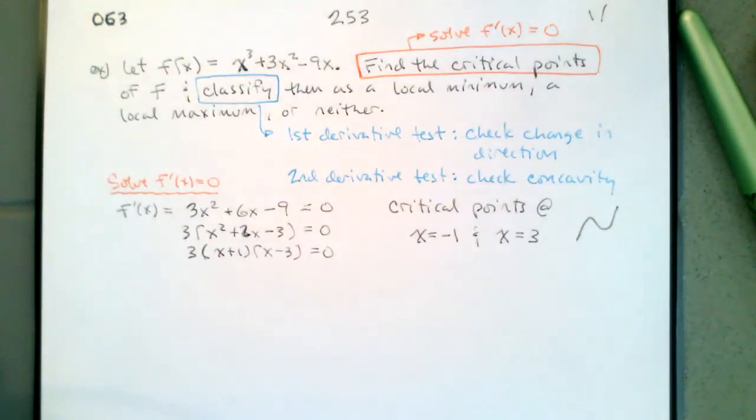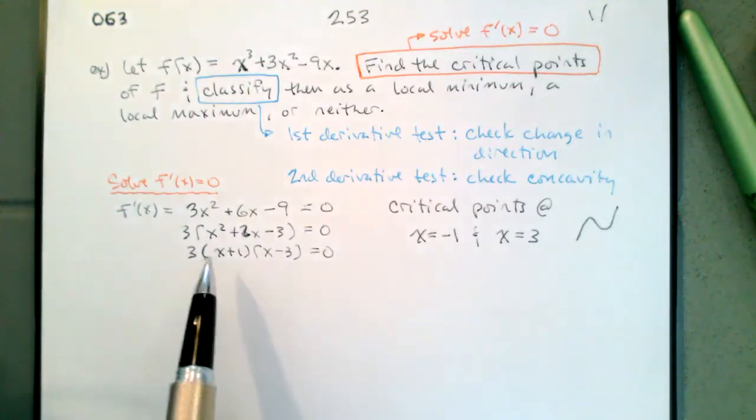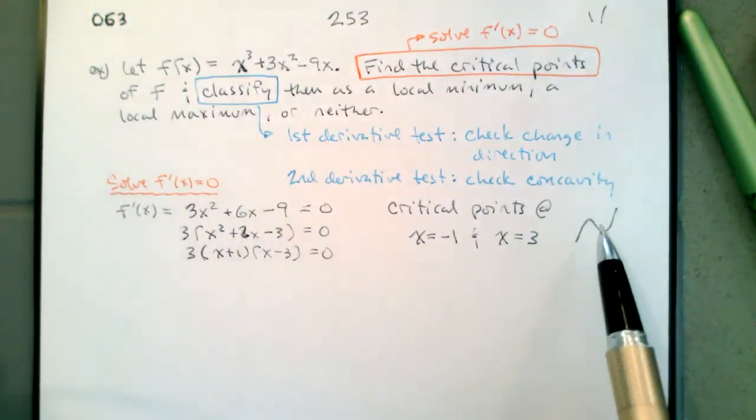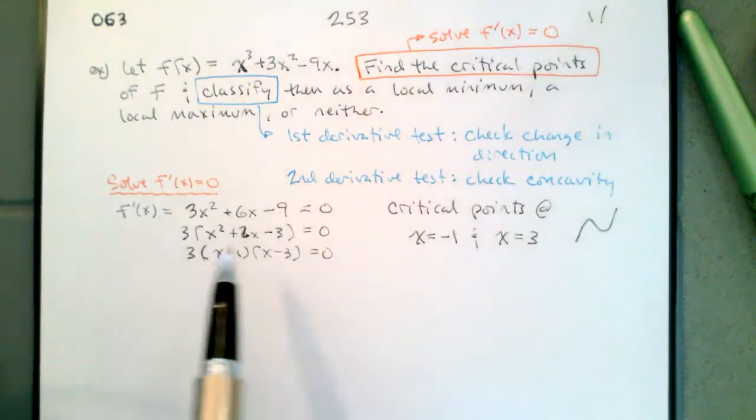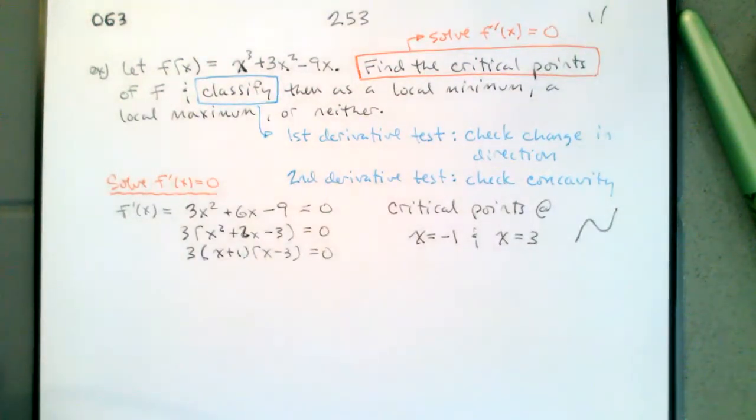This doesn't mean that we're going to stop the problem now, because finding the critical points and classifying them is not the point of the problem. The point of the problem is to take what we already know and see how the calculus fits this description.